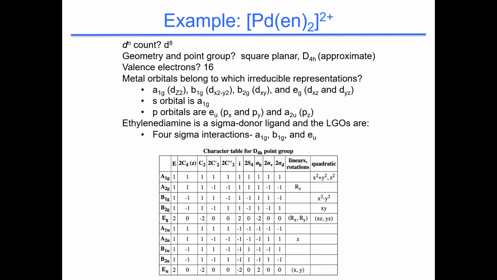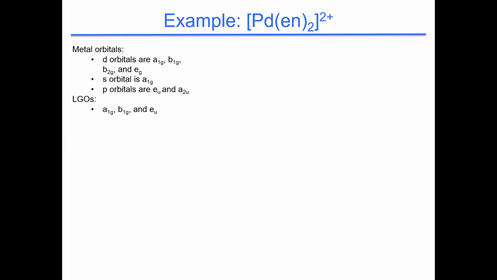So ethylenediamine, as you should know by now, is a sigma donor ligand. So there are only sigma interactions that we have to pay attention to with this ligand set. Here are all of the orbitals that we have at our disposal.